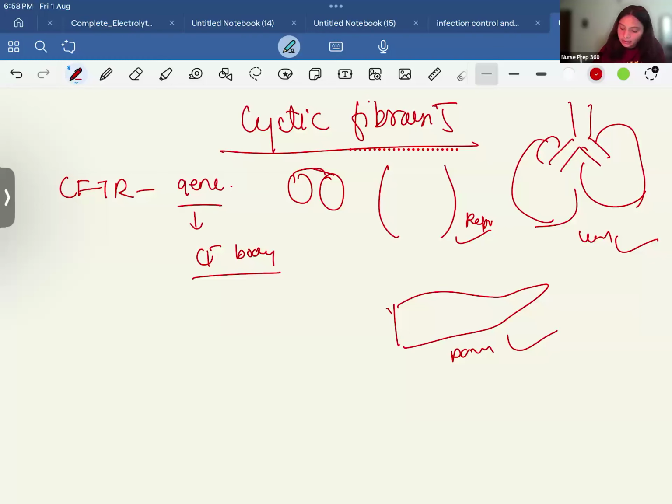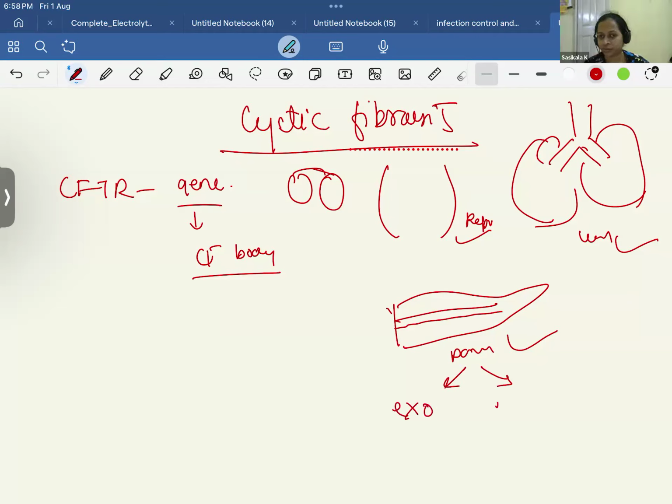So what happened in this thing? Understand what the pancreas is. It's a gland. It has two functions: exocrine and endocrine function, right?